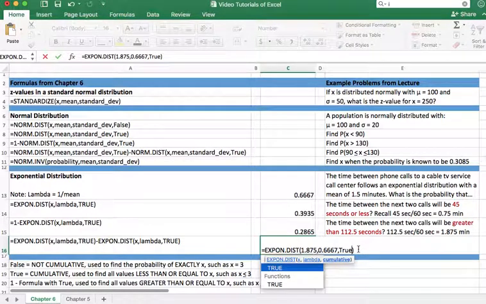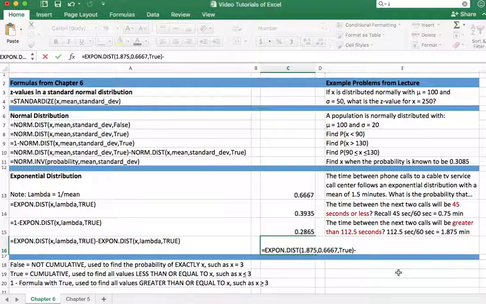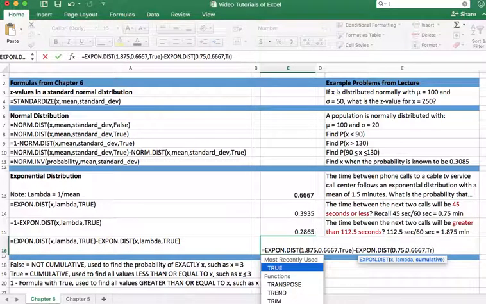And then carefully click outside the parentheses so you leave this formula intact and type in minus, and then type in exponential distribution again. Our x for the 45 seconds or less when converted to minutes is 0.75. The lambda is 0.6667, and we're working with true for cumulative, and hit enter.